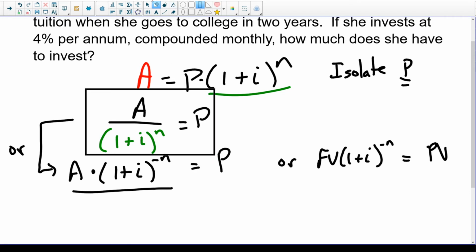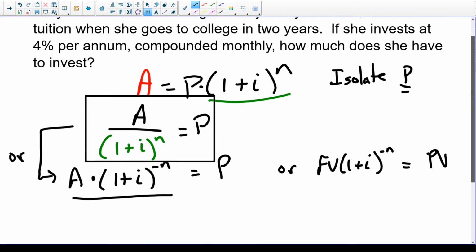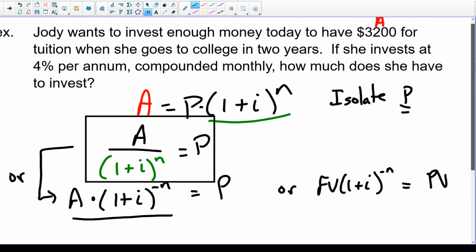That's the one I'm going to use. I strongly believe that it is the best version of the formula. But you do need to understand that if I'm talking about present value and future value, present value is your principal, future value is your amount. Okay? So all of that just to explain the different versions of the formula you might see.